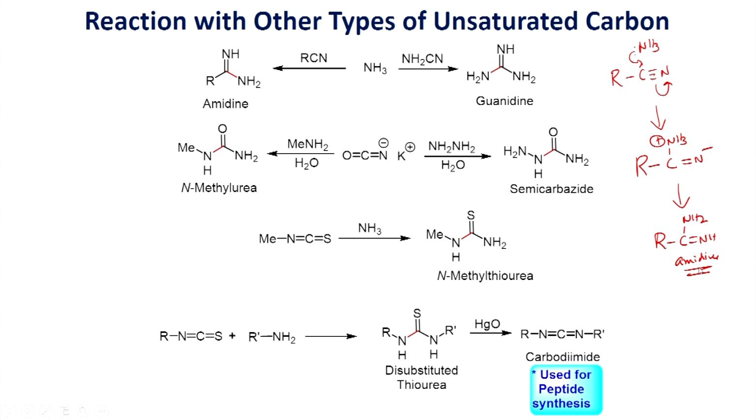So if you have ammonia, that ammonia can readily undergo addition reaction with the carbon-nitrogen triple bond of nitrile to give amidine as a product.